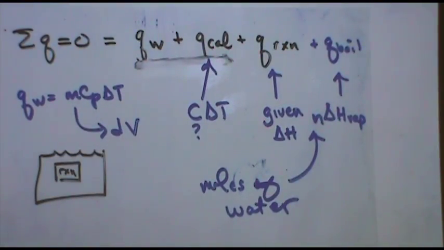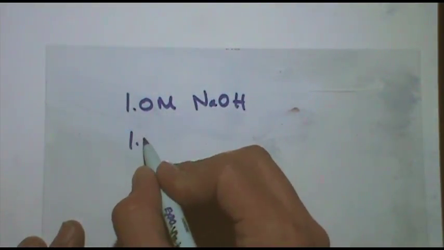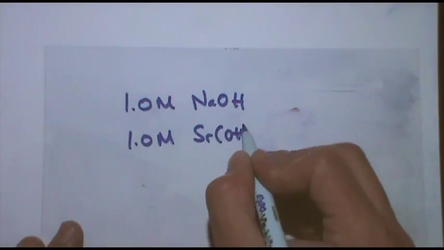Okay. Can I go back to 3 now? Are you ready? Okay. I don't know if in other classes you covered this. If not, you'll have to bear with me. Let's say I have 1 molar NaOH and I have 1 molar strontium hydroxide.